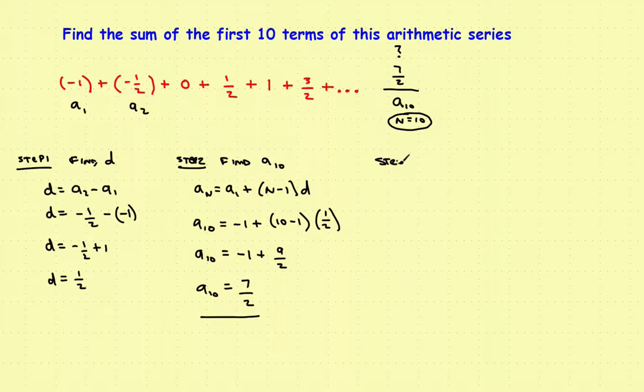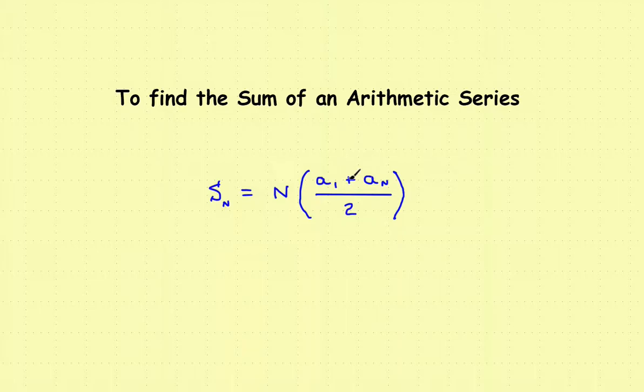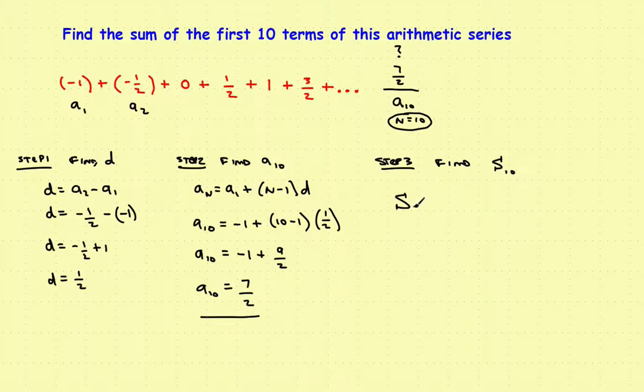So step 3 would be to find the sum of the first 10 terms. So again, starting with the formula, and we'll go back and take a quick look at it here. It's just this right here. So S sub n would be equal to n times a sub 1 plus, in this case, a sub 10, all divided by 2.